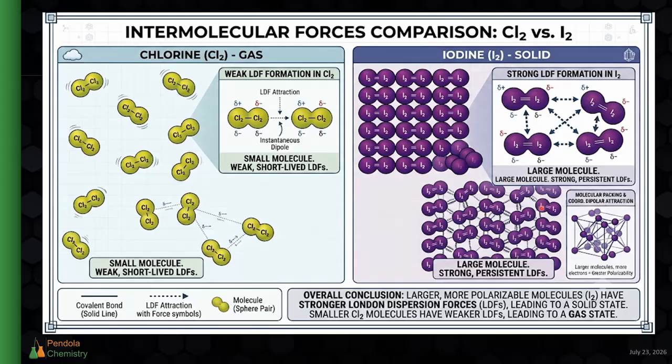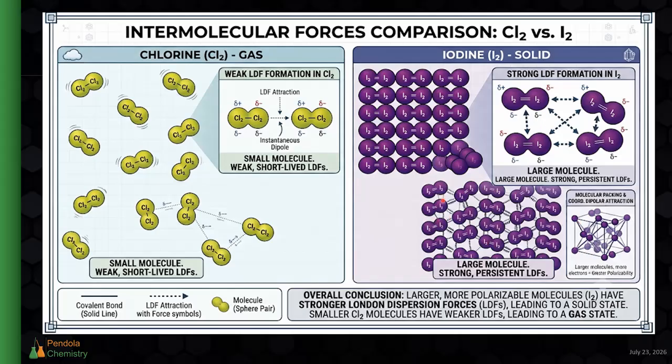Now, this is something I wanted to show you and make sure you understand. When iodine is a solid, that solid is not random. There is still a lattice structure to the iodine solid, just like ionic and metallic solids have, but the difference is that instead of atoms or ions at the vertices, we have iodine molecules at the vertices of that lattice.